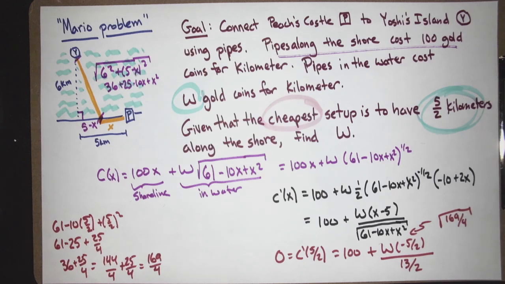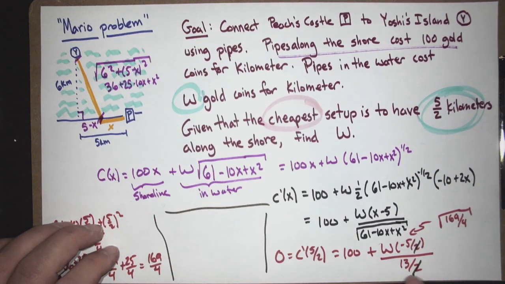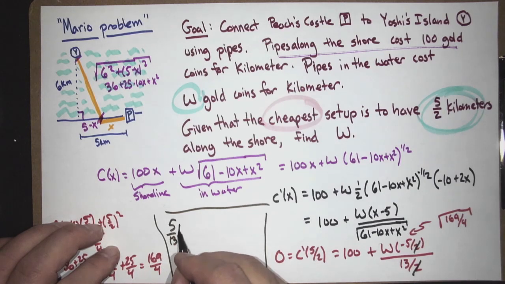Wow. It's like we planned it to have nice numbers. And you're probably thinking, that's not nice. But relatively speaking, it could be worse. Okay. Well, what do we do? Solve for W. We can cancel the over 2's. If we move the W term to the other side, we get 5 over 13 times W is equal to 100.